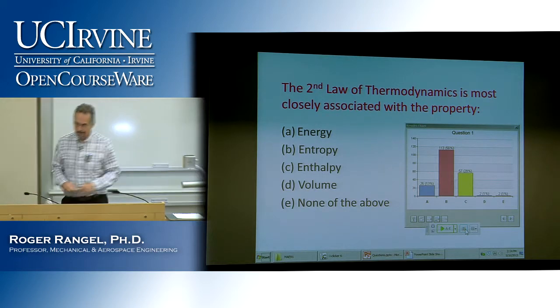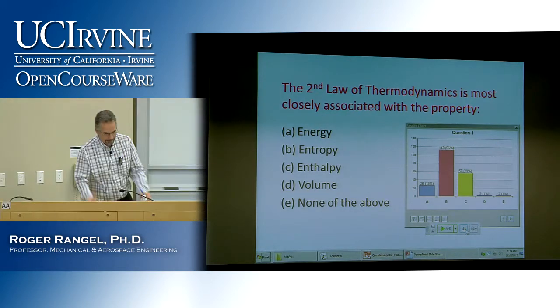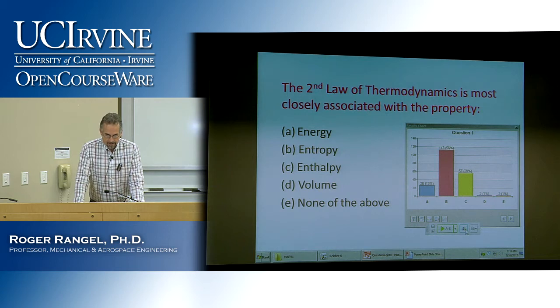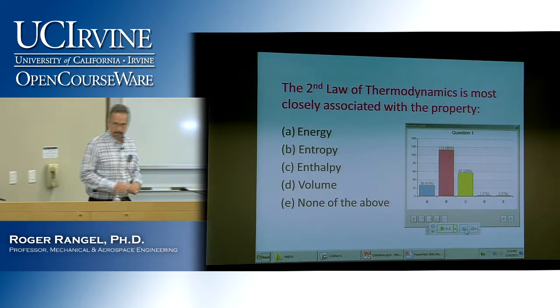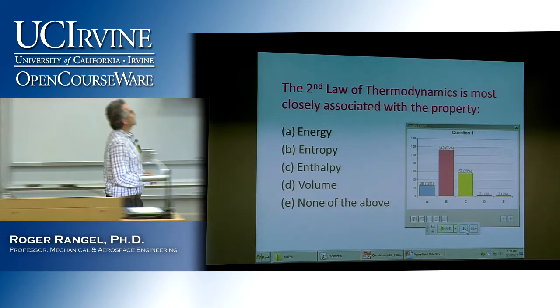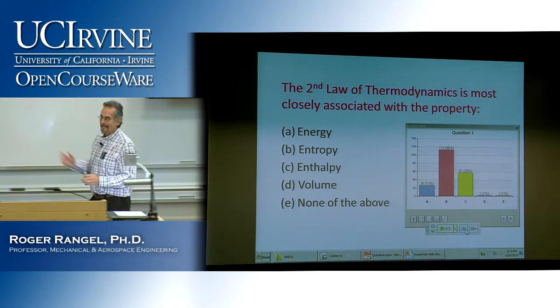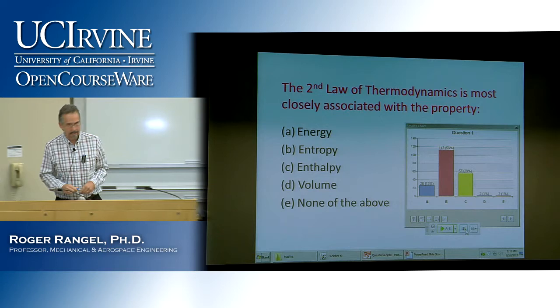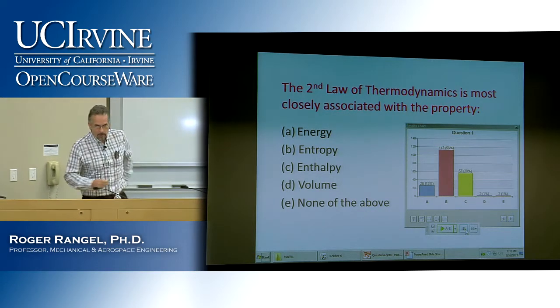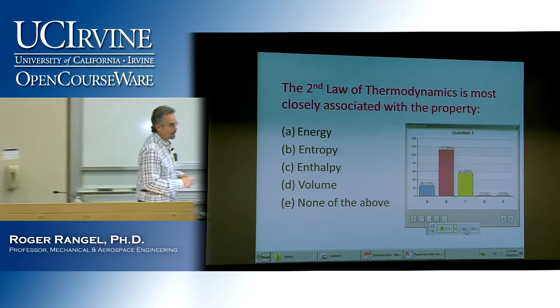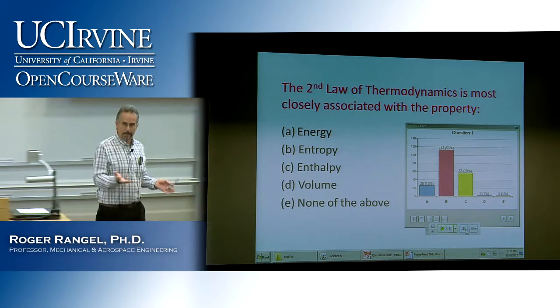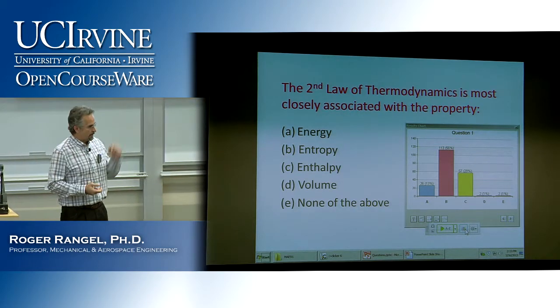That is correct for the purple team. Entropy, right? Entropy is the property that is most closely associated with the second law. We haven't studied entropy yet, but I did say this last time. For those of you who answered A, energy, which law is energy associated with? The first law of thermodynamics.